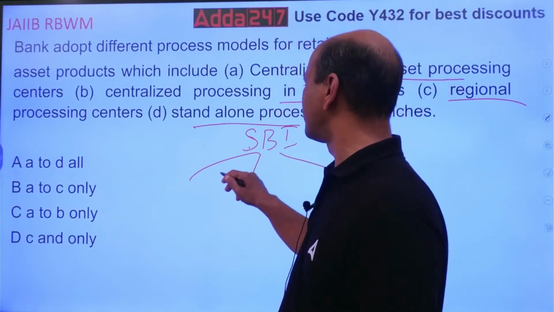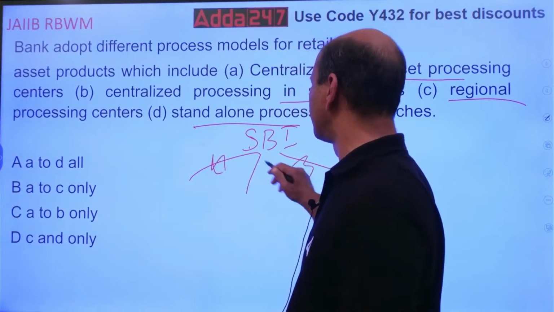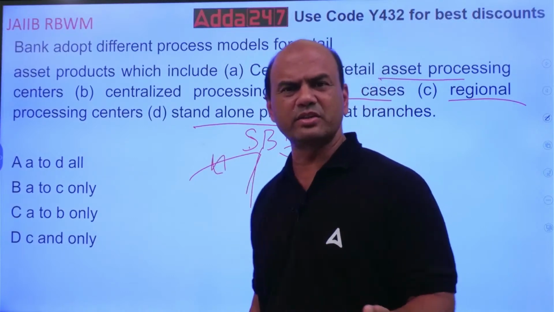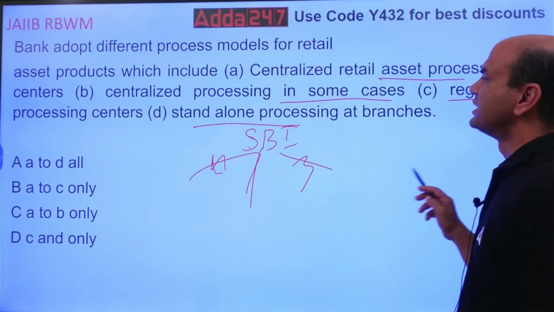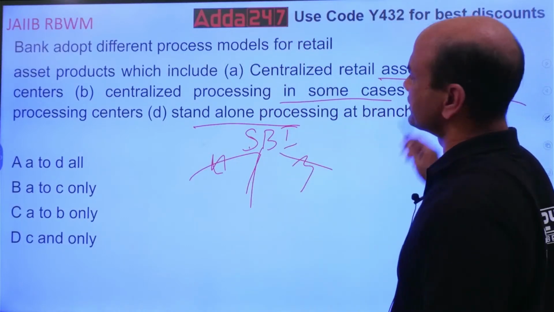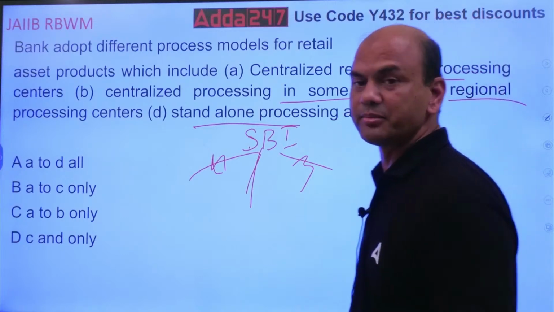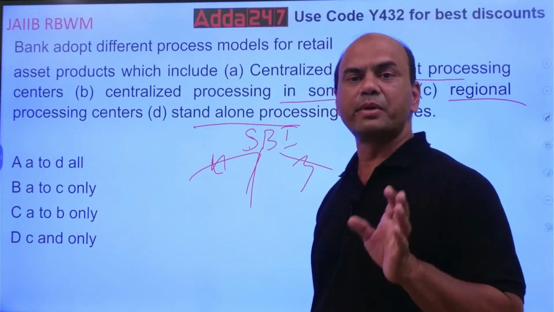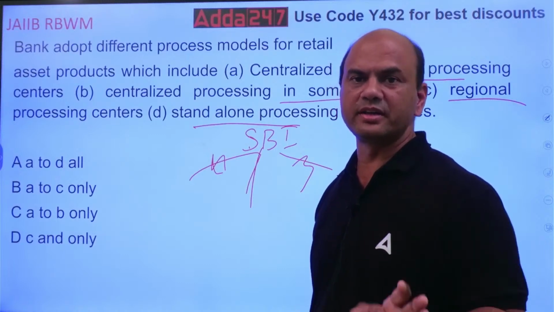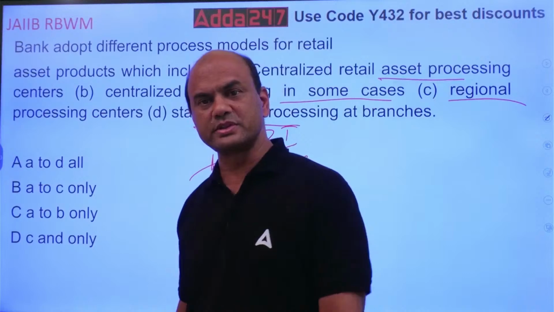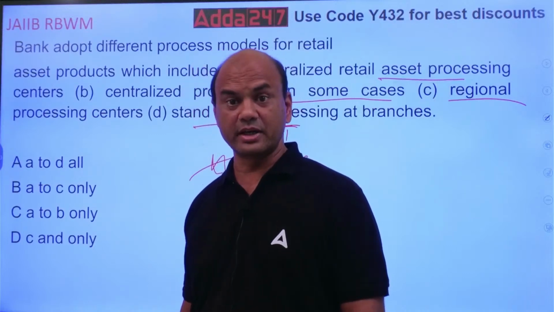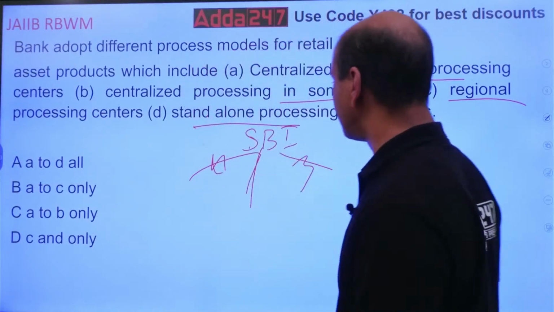All these two are not required, only one, because it depends on the volume. So regional, central processing, central asset processing, it's roughly one and the same. The logic is that the branch is not processing it. That is the point. Got it?